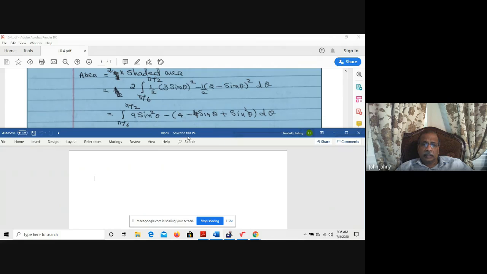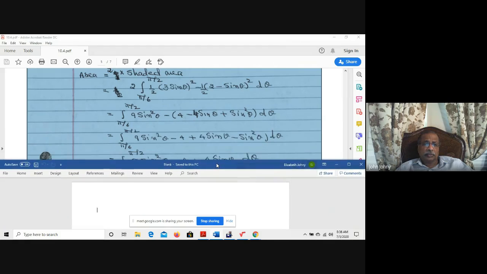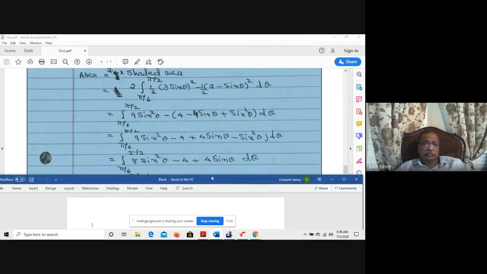Now you distribute: the integral from pi over 6 to pi over 2 of 9 sine square theta minus 4 plus 4 sine theta minus sine square theta d theta, which is 8 sine square theta minus 4 plus 4 sine theta, because 9 sine square theta minus sine square theta is 8 sine square theta.